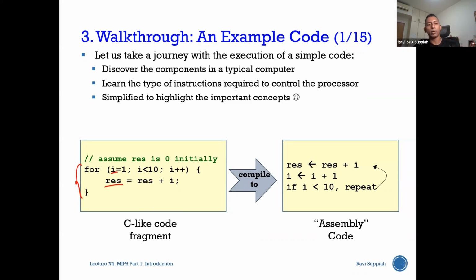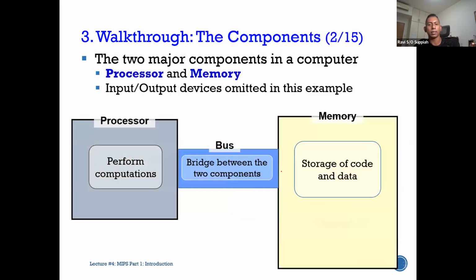If I were to interpret this into a sequence of pseudo instructions, it will look something like this: I do the addition, I increment i, and as long as i is less than 10, I repeat. So it's more of a pseudo code than assembly code, just to interpret the loop into a sequence of steps.